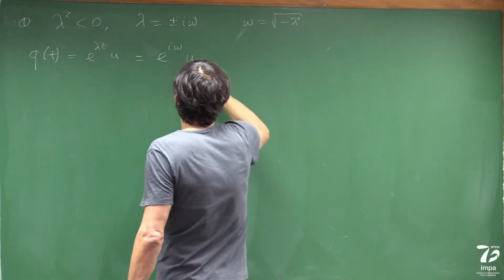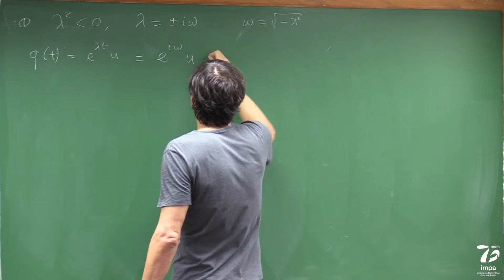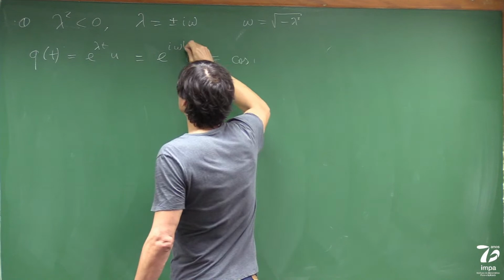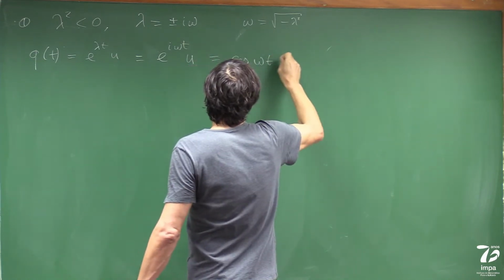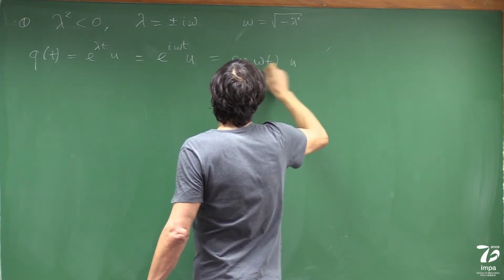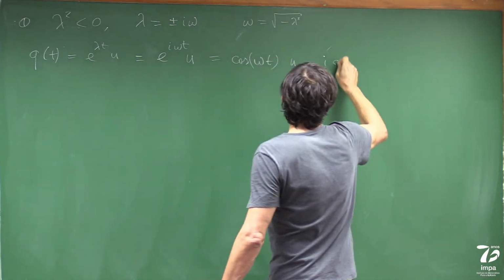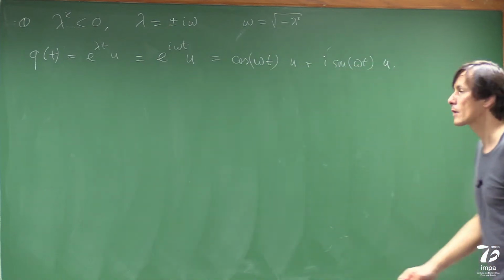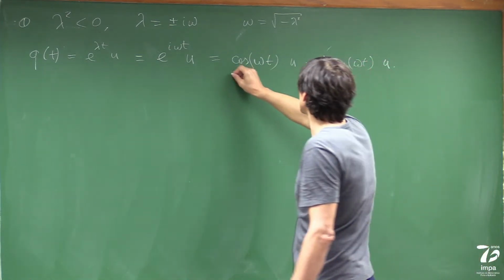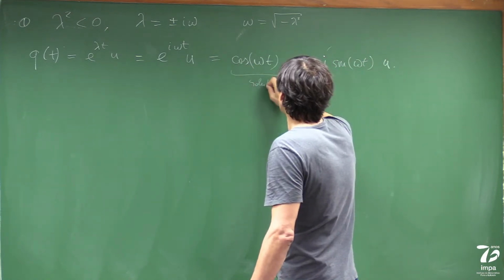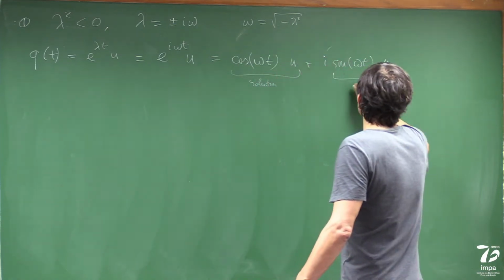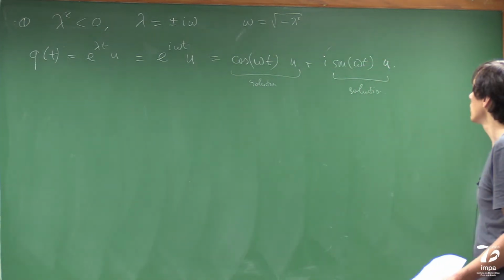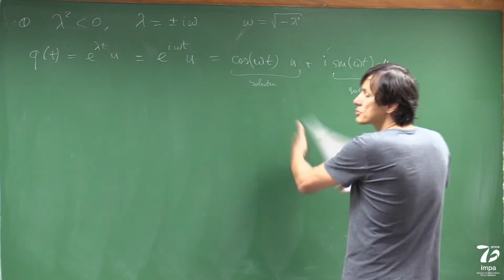Remember what the exponent is: cosine omega t U plus i sine omega t U. We know that the real part is a solution and the imaginary part is a solution. So we have two solutions at hand, and we also know that a linear combination is a solution.